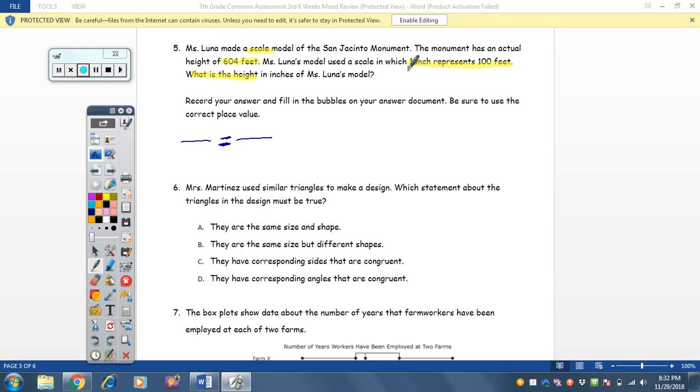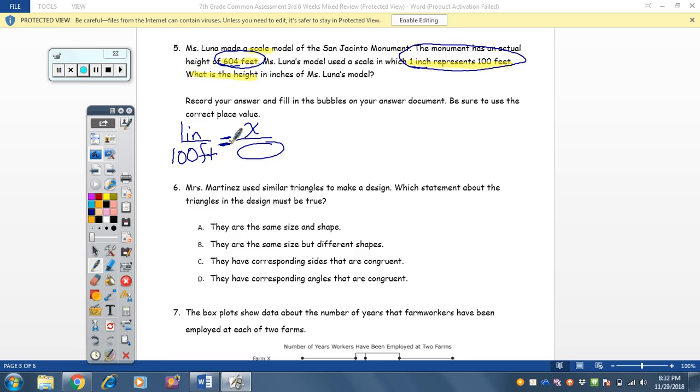Half of your proportion comes from right here. 1 inch, 100 feet. The other side is going to have this number in it. It's feet, so it's going to go here. Feet, feet. Solve this proportion and you'll have it.